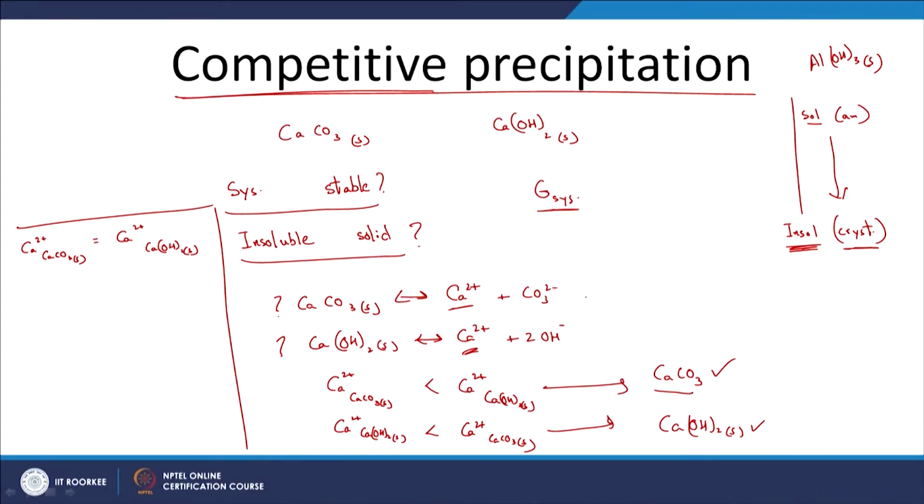So what is the equation here? We know that the solubility product Ksp for CaCO3 is equal to the concentration of Ca2+ times the concentration of CO3 2-. And the solubility product of Ca(OH)2 is equal to the concentration of Ca2+ times OH- squared. So obviously the concentration of calcium Ca2+ in equilibrium with CaCO3 is going to be equal to Ksp of CaCO3 divided by CO3 2-.